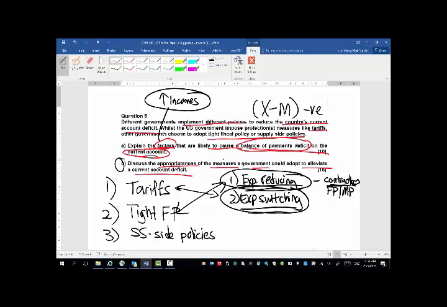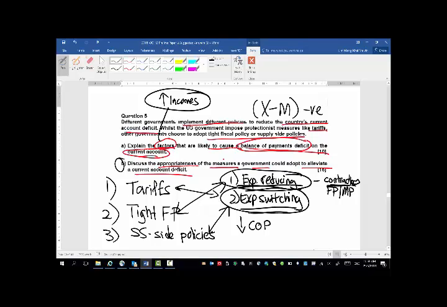Okay. Or also you can look at supply side policy. How do I use supply side policy to do this expenditure switching part? Supply side policy will help to lower COP, right?